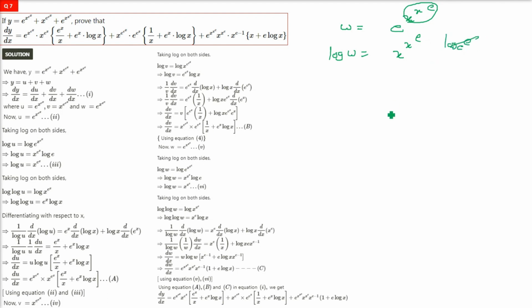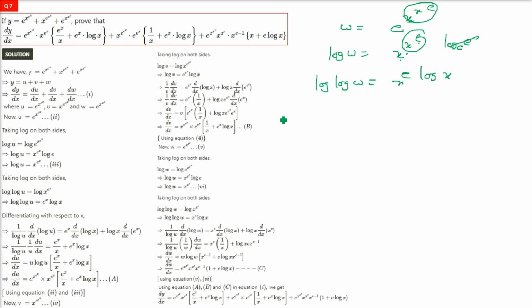So you can just leave it. Log base e is 1. So now we have to take one more log. Why? Because still we can simplify it. So I am taking one more time log: log of log w will be equal to this x to the power e will come in front and log x.